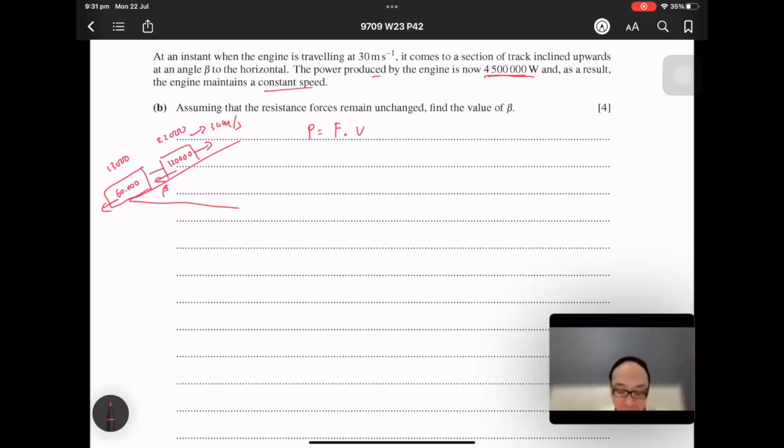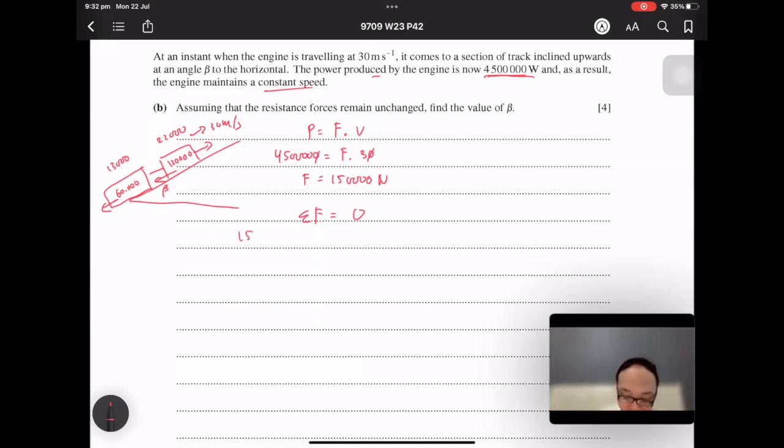So we have to find first: 4,500,000 equals F times the velocity. So the F will be 150,000 newtons. That means the resultant force will be 0 since this is a constant speed.